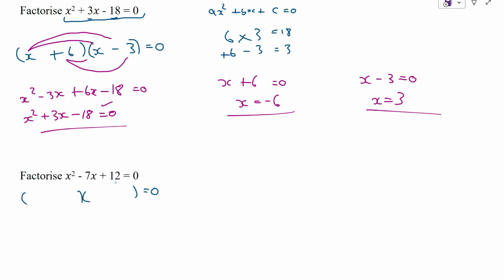Okay, so two numbers that multiply to give us 12, add or minus to give 7, or -7. I can think of -4 and -3. So -4 times -3 gives us +12, and -3 minus 4 gives us -7. So I think we've got our numbers here. -4, -3.